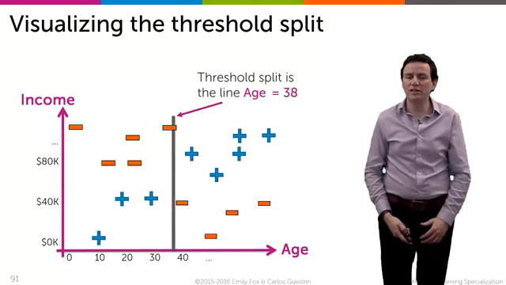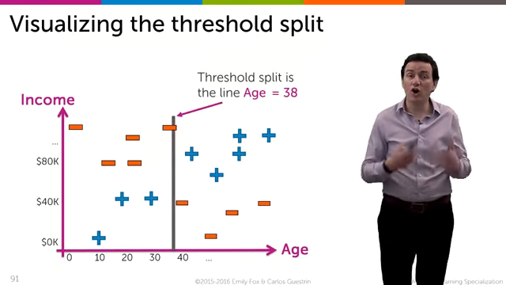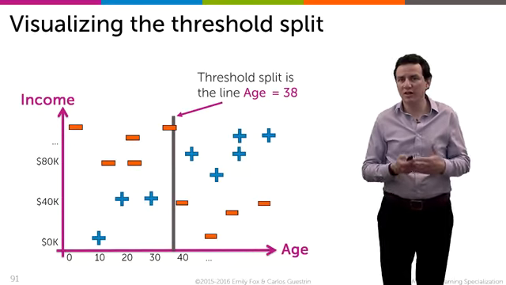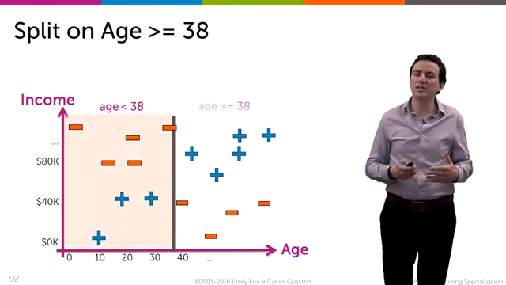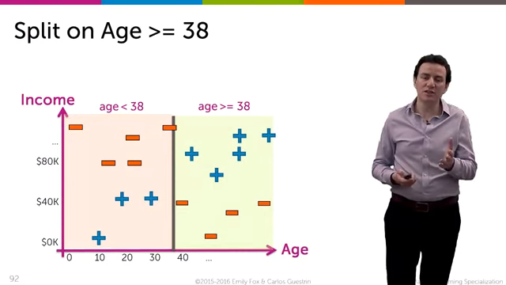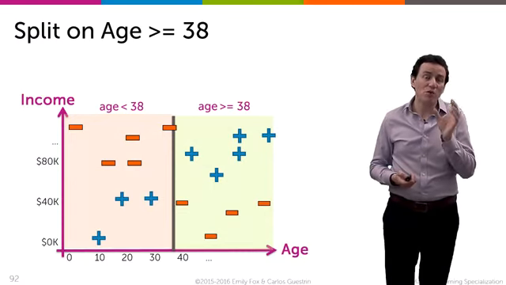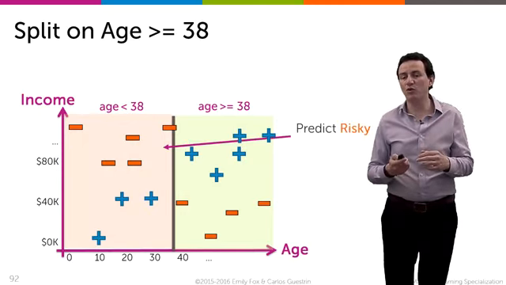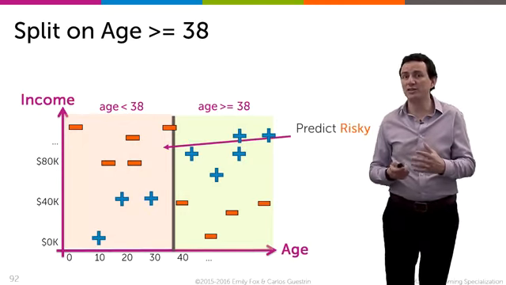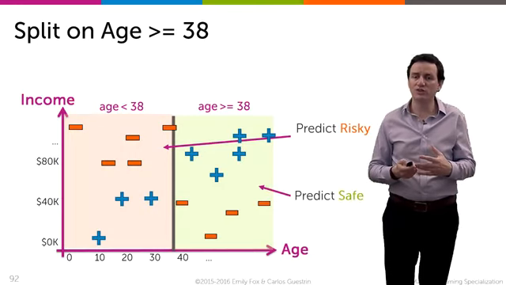So we might look at this data and decide to split on age first. If we split on age, let's say age equals 38, we'll see that for the folks younger than 38, on average more of them have risky loans, so we might predict risky. But for the folks with age greater than 38, we have more safe loans than risky.